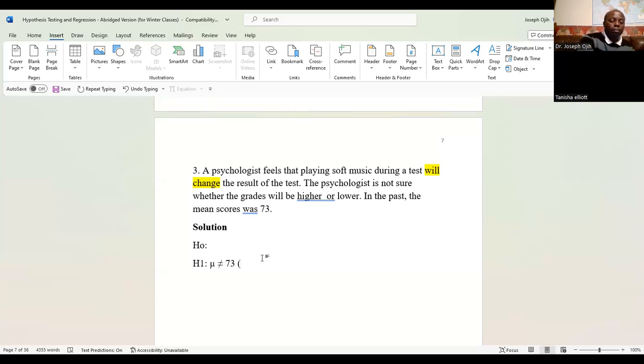That will be the claim. Then H0 will be saying the opposite, which would be that the mean is equal to 73. So now it is not equal, which means it can be left side or right side. So we call this type a two-tailed test.